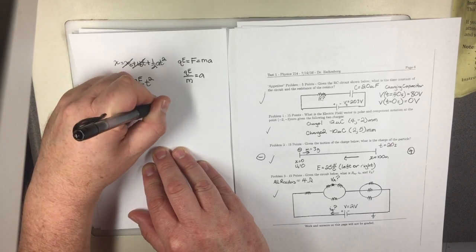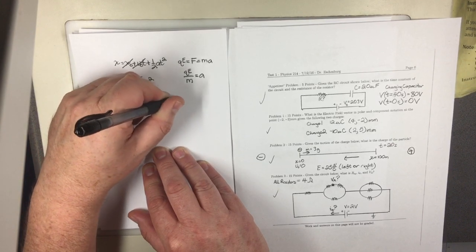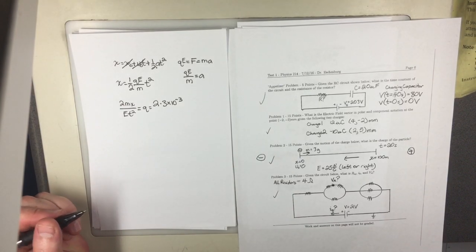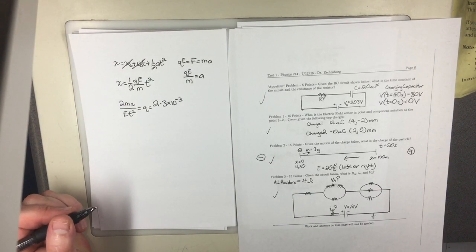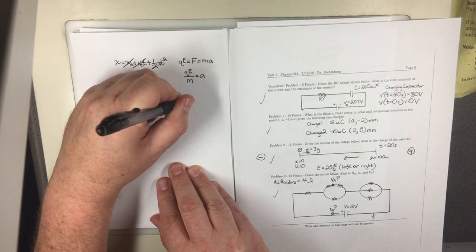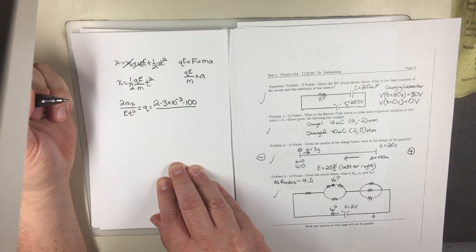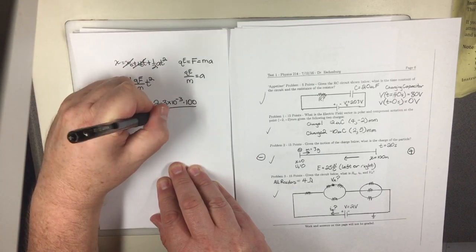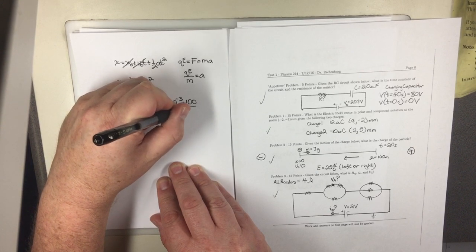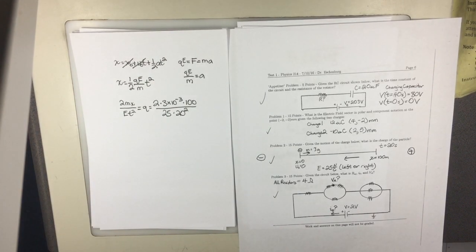2 times its mass, 3 times 10 to the negative 3 kilograms. Remember to convert these into kilograms because force is newtons and newtons uses kilograms. X is 100. E is 25. T is 20. So 20 squared.